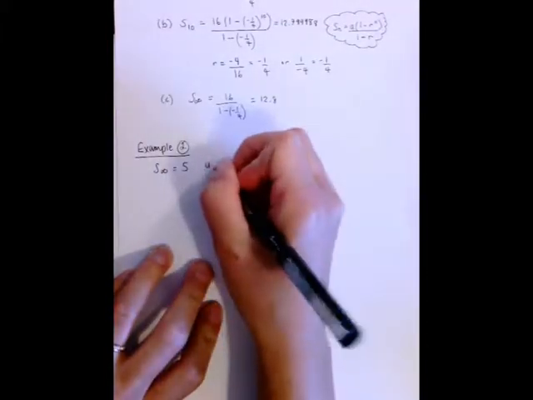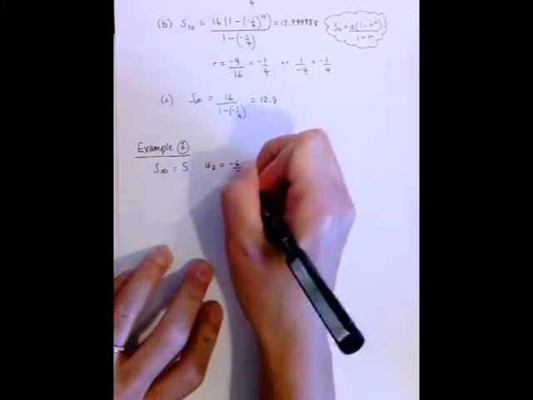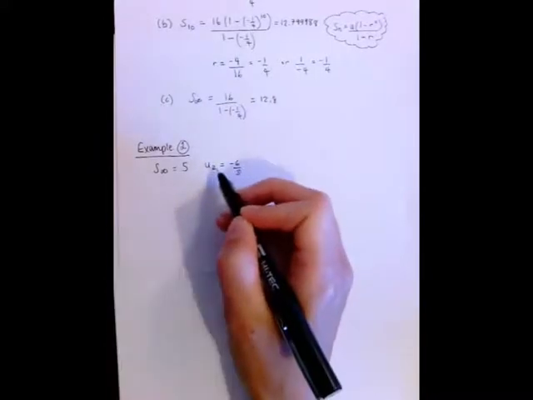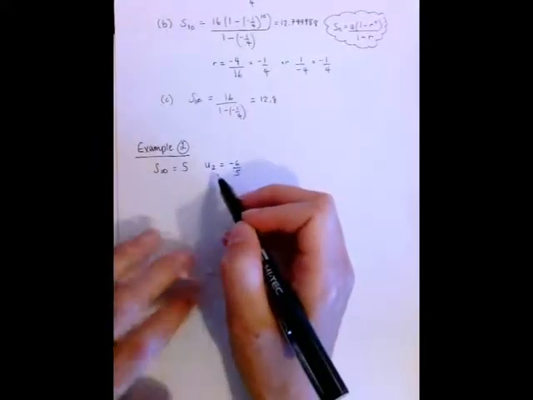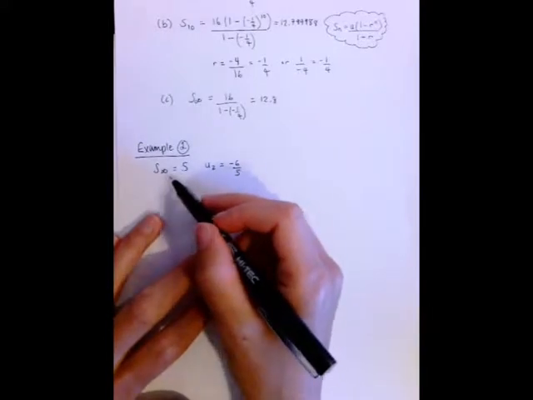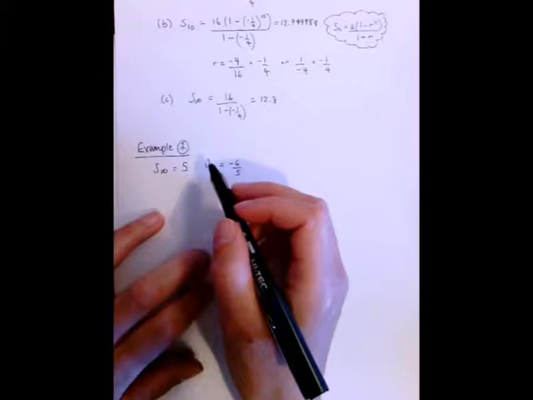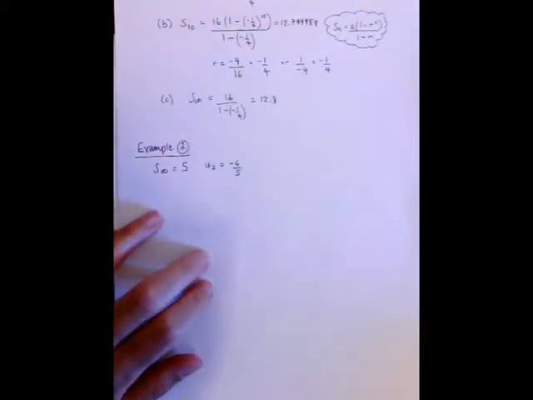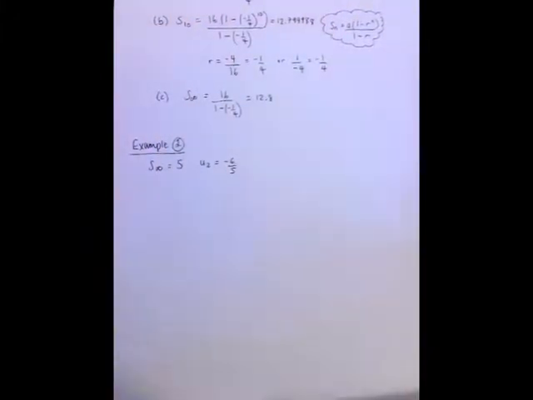So u2 equals -6 over 5. So we use u to denote numbers in the sequence of values, and then s means sum. And the question wants us to find the common ratio.